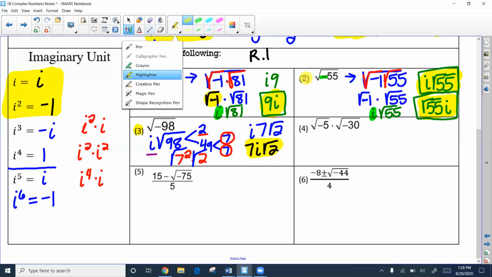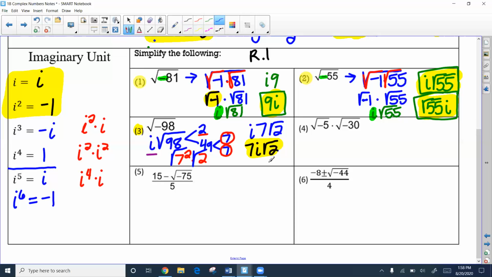Or you can also write it as 7 square root of 2, i. Again, if you write it this last way, the i is not under the radical. So all 3 of these are the same: i 7 square root of 2, 7i square root of 2, or 7 square root of 2i. I don't care which way you write it. They're all correct.